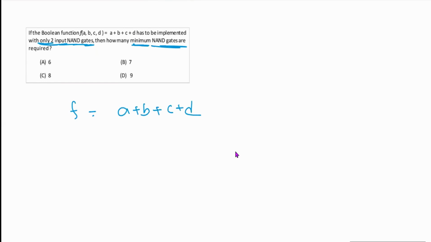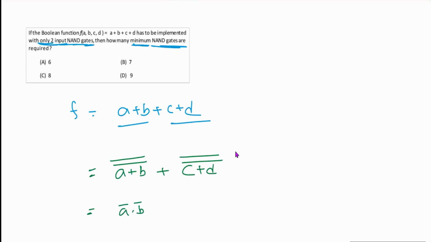I told you, whenever you want to represent any function with NAND gates only, you need to remove the plus symbol. Because there is a restriction of using two input NAND gates, I will pair this as 2 and 2. I can take a plus b with double complement, and c plus d with double complement. So I get a bar dot b bar whole bar plus c bar dot d bar whole bar.